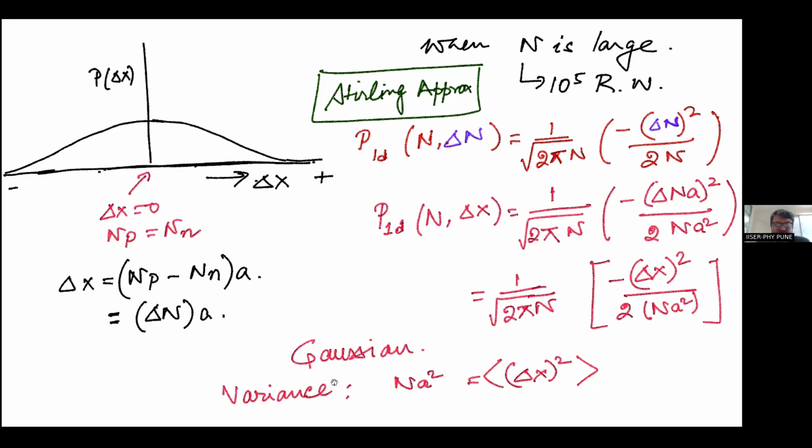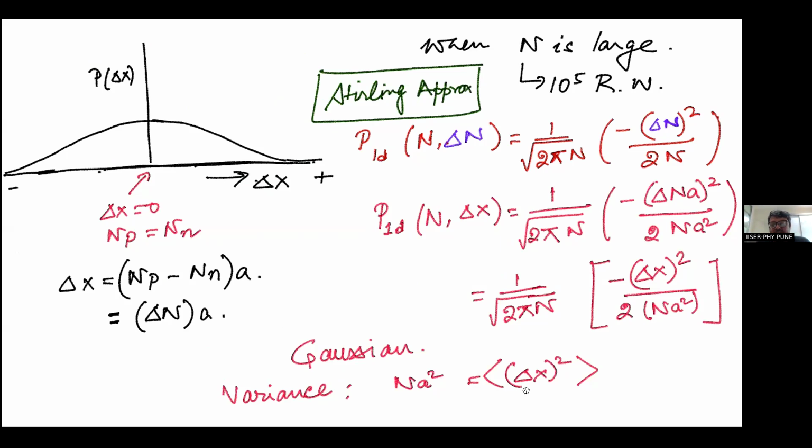So what you get is a Gaussian. The probability that you will have a displacement of delta x with n steps, an n step random walk, each step of length a, is a Gaussian peaked at 0, right?